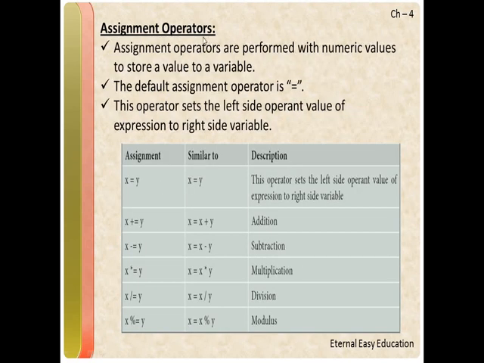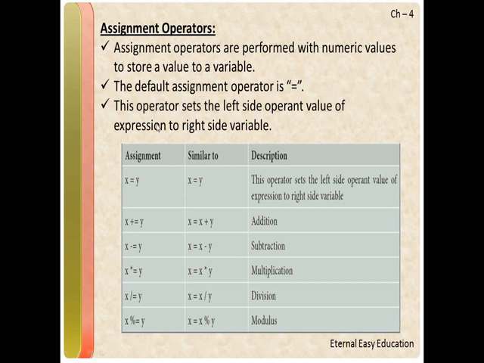Next, assignment operators. Assignment operators are performed with numeric values to store a value to a variable. It's a very simple thing, that is a equal to 10. That equal is said to be the assignment because a equal to 10 means the 10 value is assigned to the variable a.